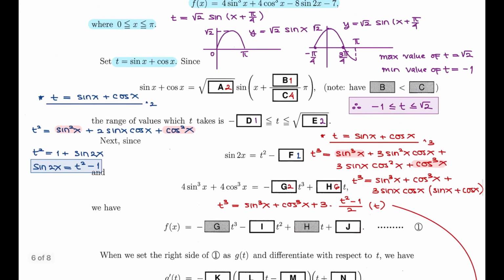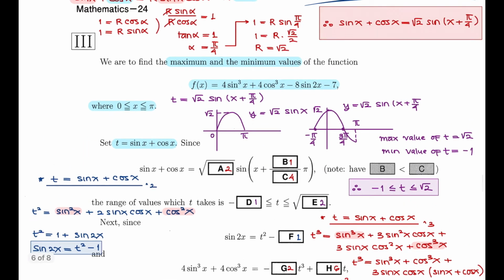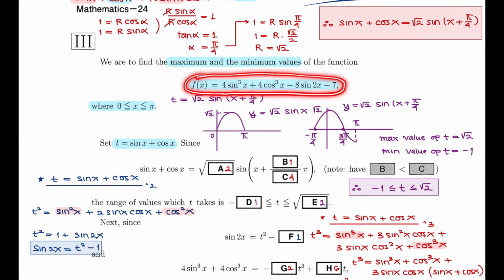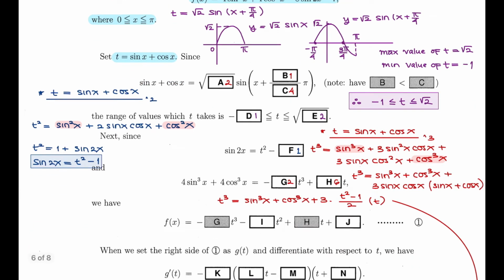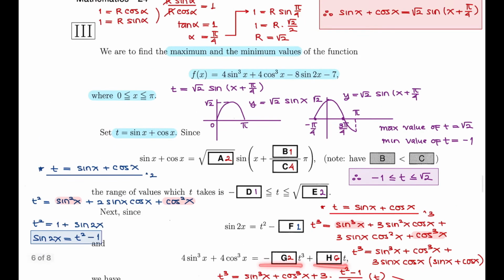What is f of x? f of x is our equations. f of x is 4 sine cubed plus 4 cos cubed, which is negative 2t cubed plus 6t.